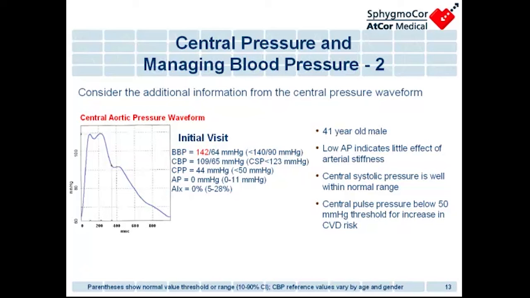I'm not sure, if this patient were 41, that I would necessarily have the courage not to treat them, but based on this data, it looks as if they don't necessarily need to be treated, or they need to be treated with diet and regular exercise, because we know in patients, even with resistant hypertension, that regular exercise will significantly lower the blood pressure if the exercise is sustained.